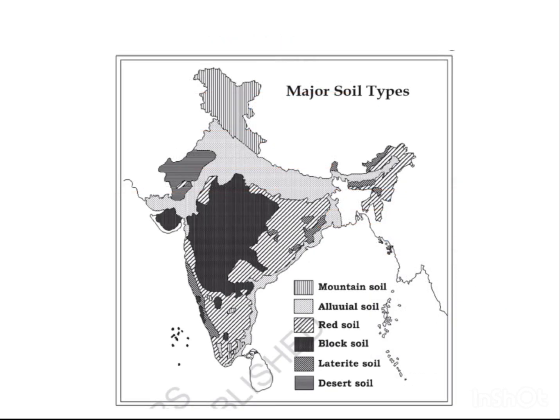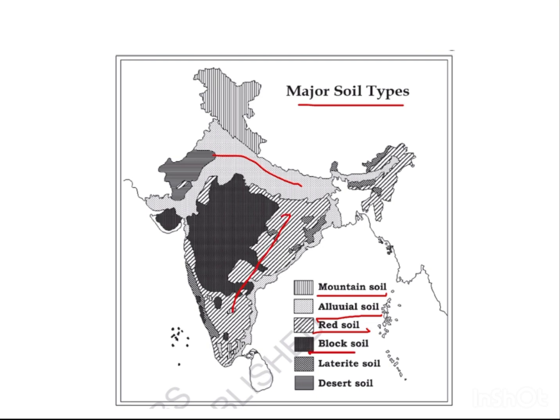In this map we see the major types of soil distribution. Mountain soil is found in the northern mountains of the Himalayas, and alluvial soil covers the northern plain. Red soil is found in most of the peninsular plateau.